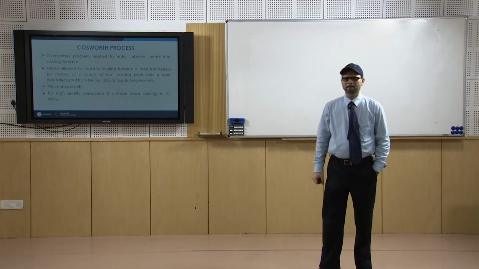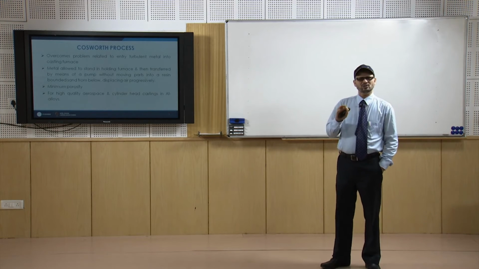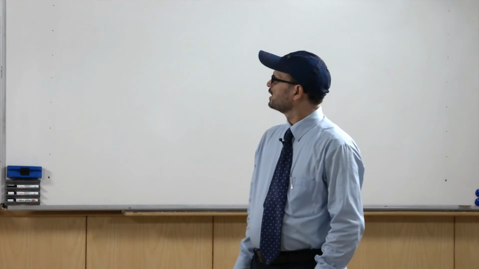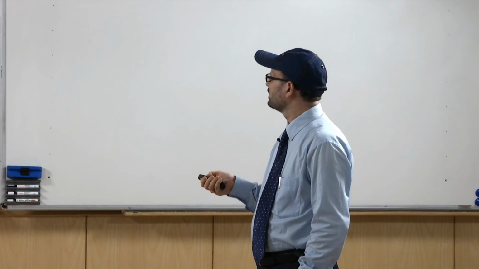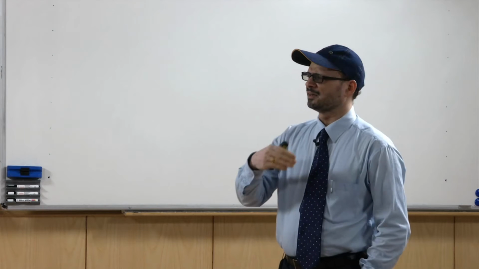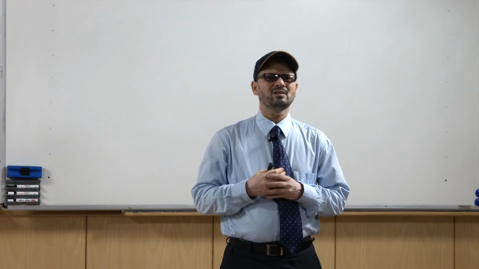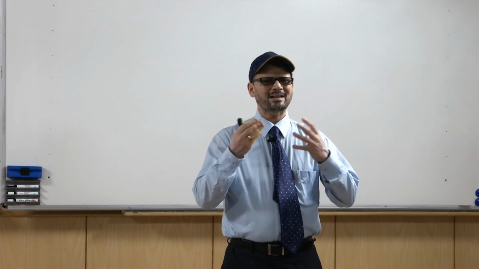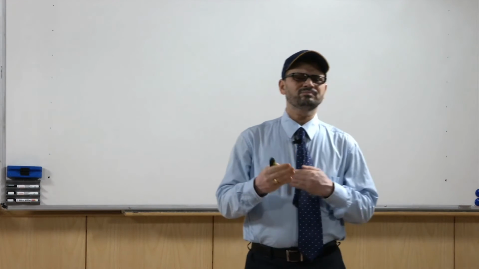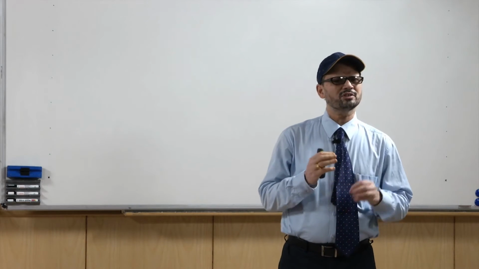Crosworth process. Now, the Crosworth process is based on a pump known as the Crosworth pump. It overcomes the problem related to entry of turbulent metal into the casting furnace. What happens when you give the molten metal into the casting furnace in a turbulent manner is that there is a chance of dissolution of atmospheric gases or air into the melt, and that will spoil the quality of the melt.